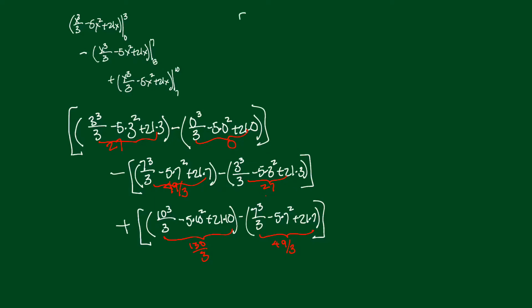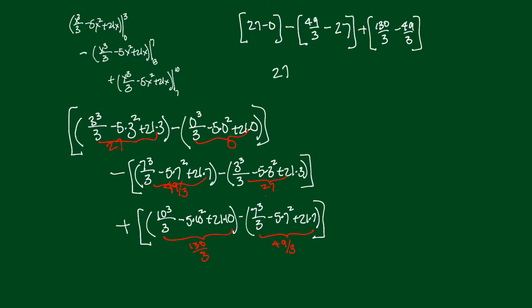So we have 27 minus 0 minus, okay, what's that middle one? 49 over 3 minus 27. And then the last one, which is 130 over 3 minus the 49 over 3. Okay, I'm going to remove all these parentheses.